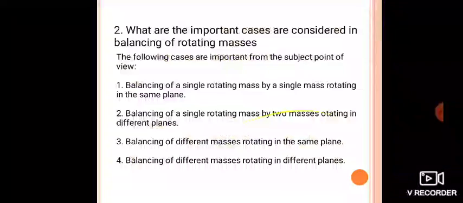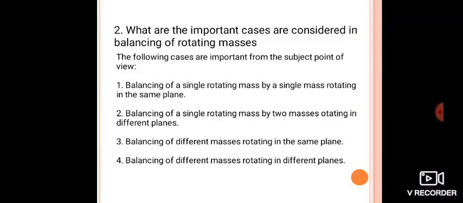Second question: what are the important cases to be considered in balancing of rotating masses? The following cases are important from the subject point of view. First, balancing of a single rotating mass by a single mass rotating in the same plane.